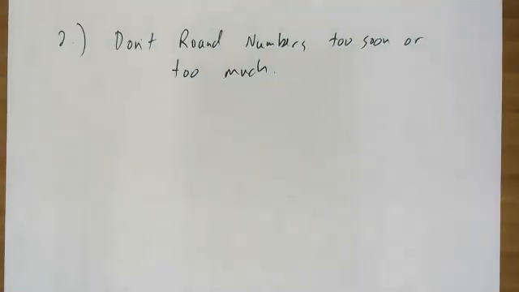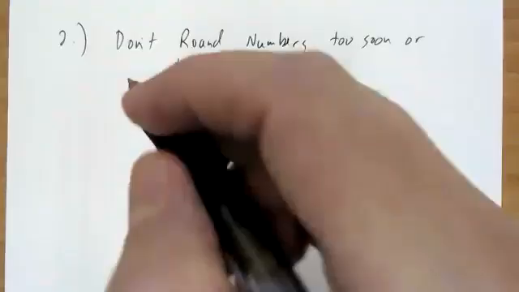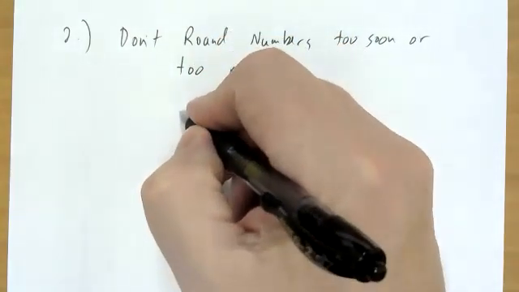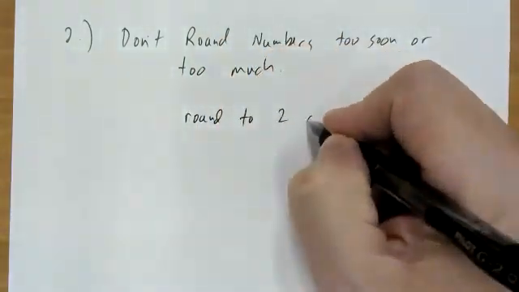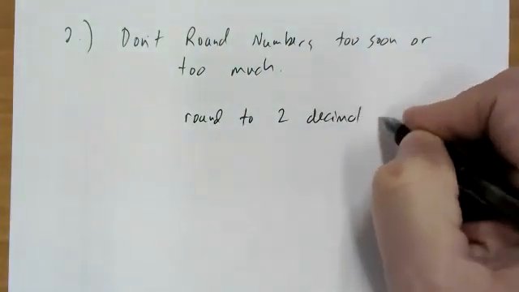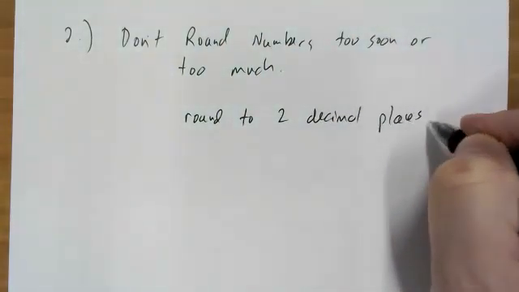All right, what does this mean? Oftentimes when you're doing a problem online and it's going to be some kind of a calculation where the answer is a decimal, for the answer, they will say something like round to 2 decimal places.